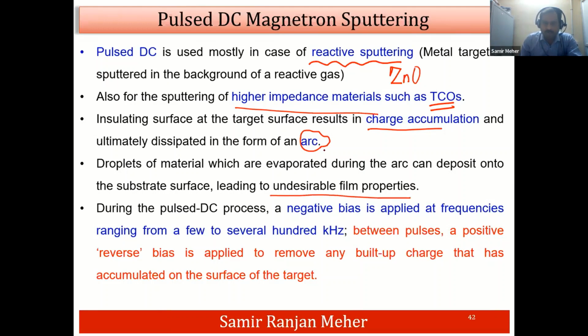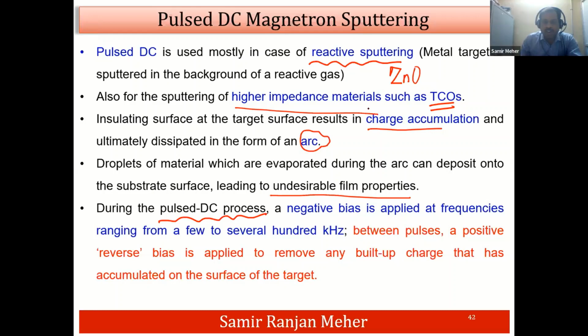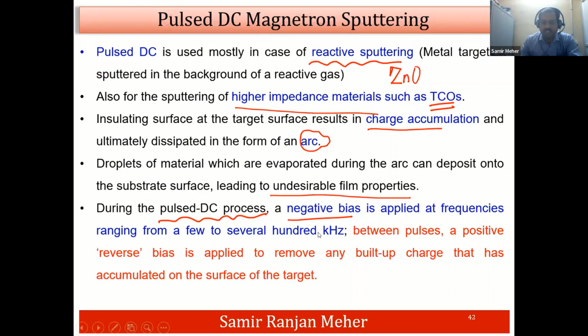So to avoid the formation of the arc due to target poisoning, or when I want to use a single high impedance target, we have to go for the pulsed DC process. In the pulsed DC process, the target poisoning is neutralized by applying a reverse bias at a frequency which ranges from a few hundred hertz to a few kilohertz, depending on the need or the geometry of the particular sputtering chamber.